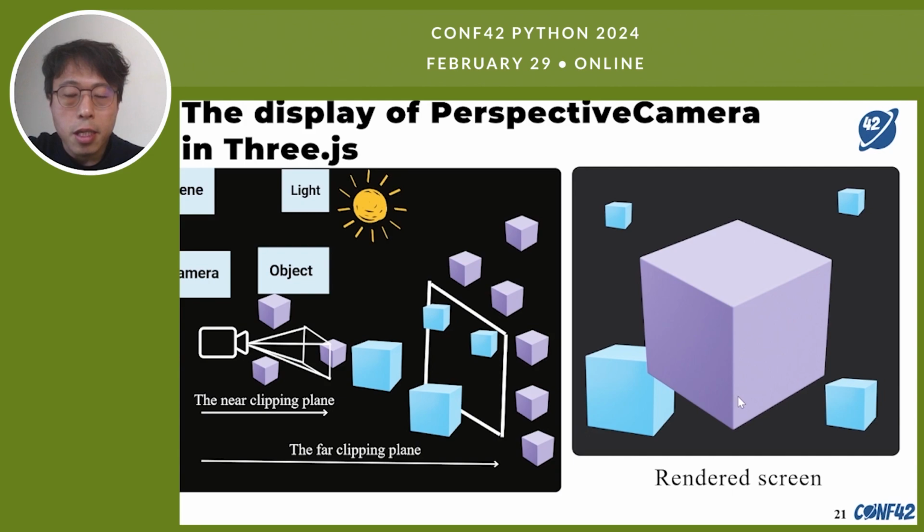Finally, you will see the purple is very close to the front of the camera, and behind the purple cubes, they are all blue cubes. So yeah, it's the perspective from the camera.